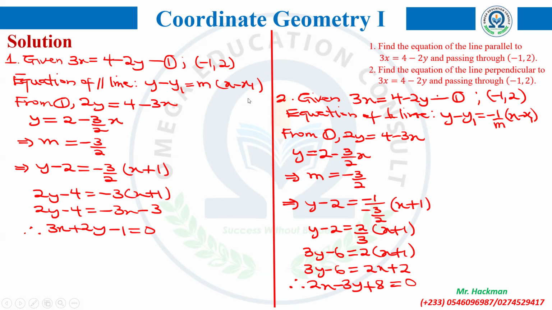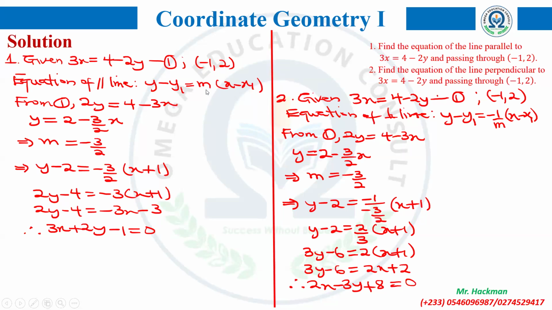And I've told you, quote the formula first and let the formula lead you. So after quoting the formula, I ask myself, in this formula, what do I need? The parameters. I need x sub 1, y sub 1, and that is given. That's the point that your line is passing through, the point that lies on the line. So x sub 1 will be -1, and y sub 1 would be 2.